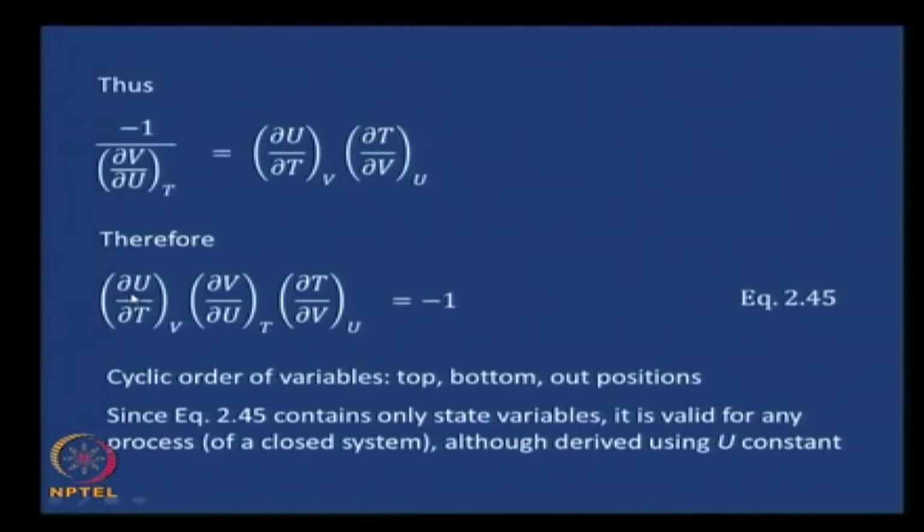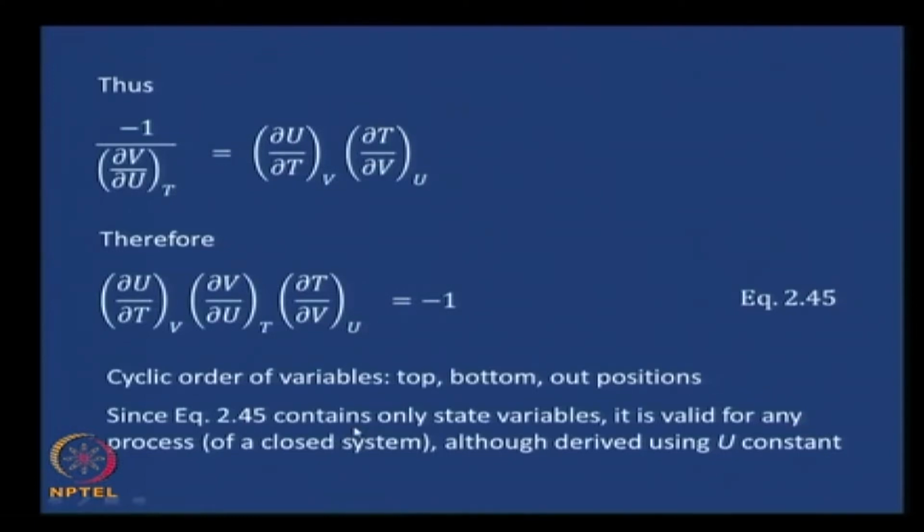Because we started deriving this equation by assuming a constant U process, but we ended up with an equation in terms of only the state variables U, T and V, and since this equation is in terms of only the state variables, it is applicable to whatever process the system undergoes, and therefore it can be taken as a generalized equation.